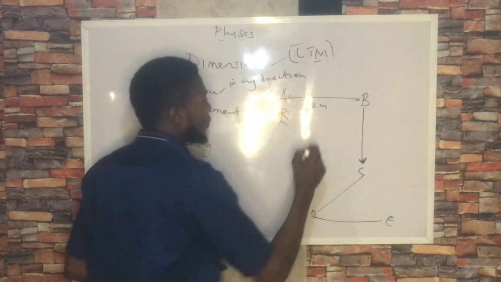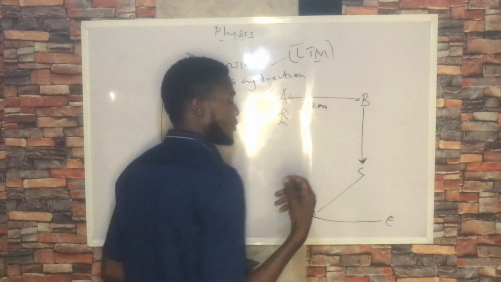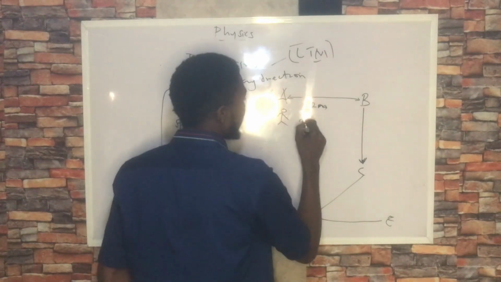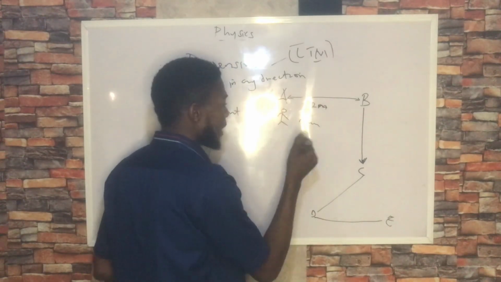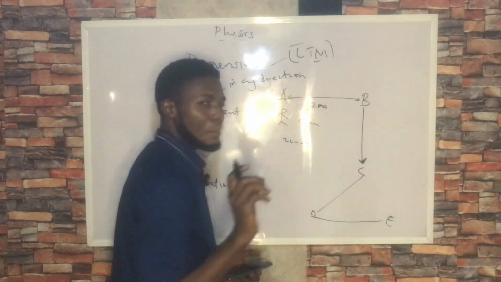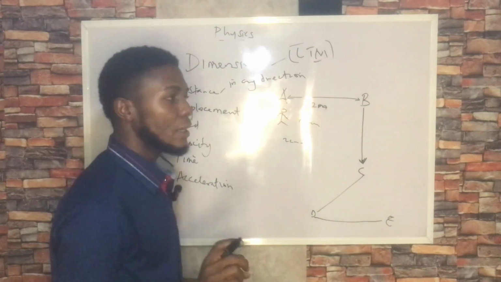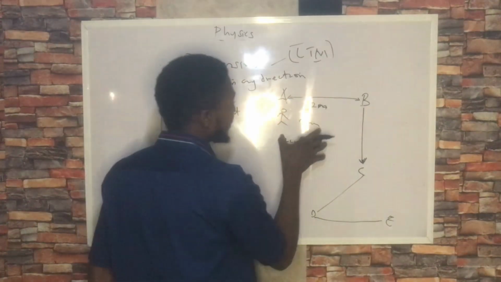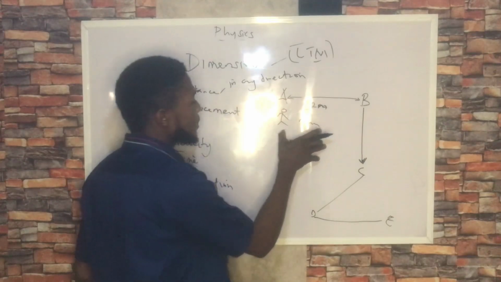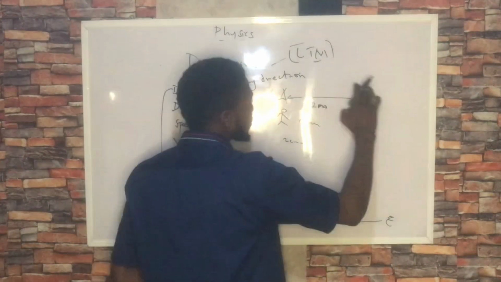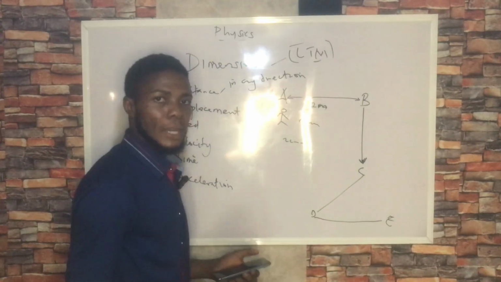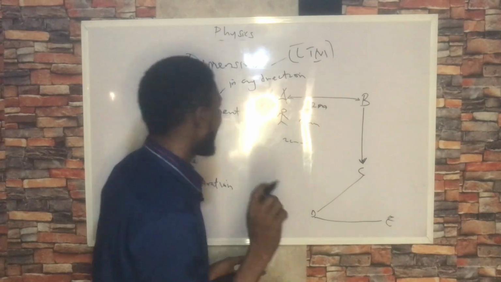You see terms like 2 meters, 2 kilometers, 2 centimeters. They simply highlight the distance covered. So distance is just the change in position in any direction.